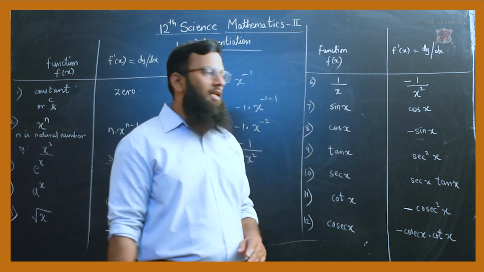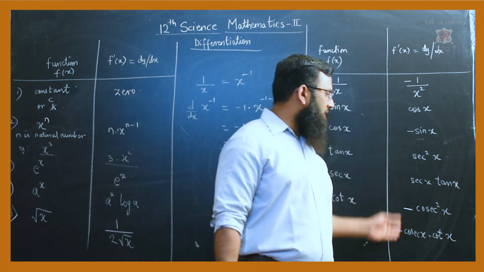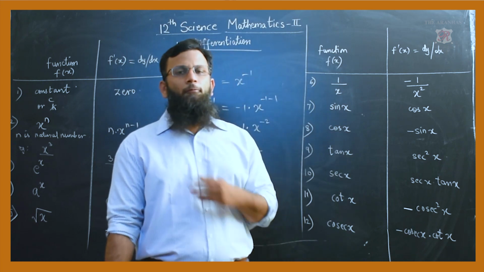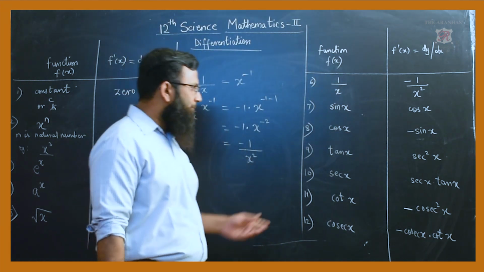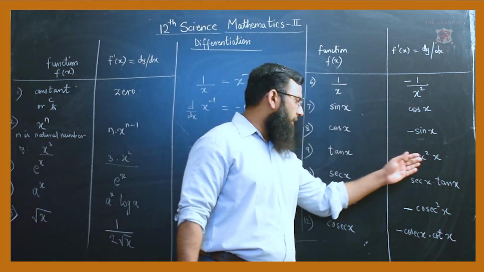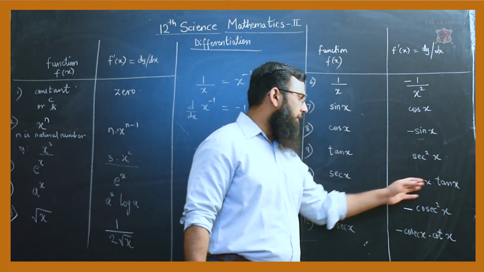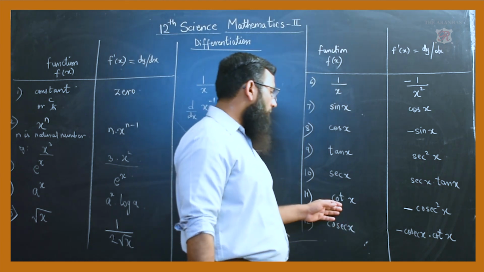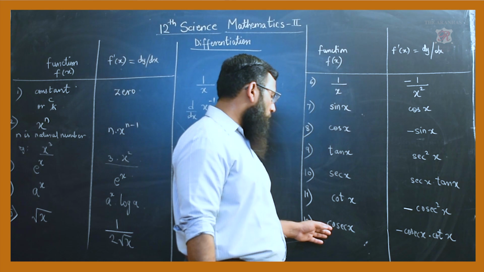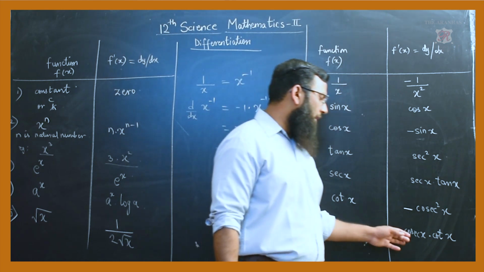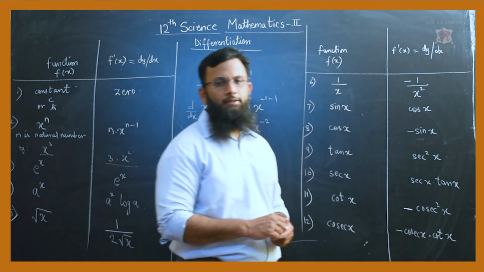You might have done this in class 11. All the answers, not only for trigonometry but for any function, can be obtained by the first principle method. Tan x, sec square x; sec x, sec x tan x; cot x is minus cosec square x and cosec x will be minus cosec x cot x.